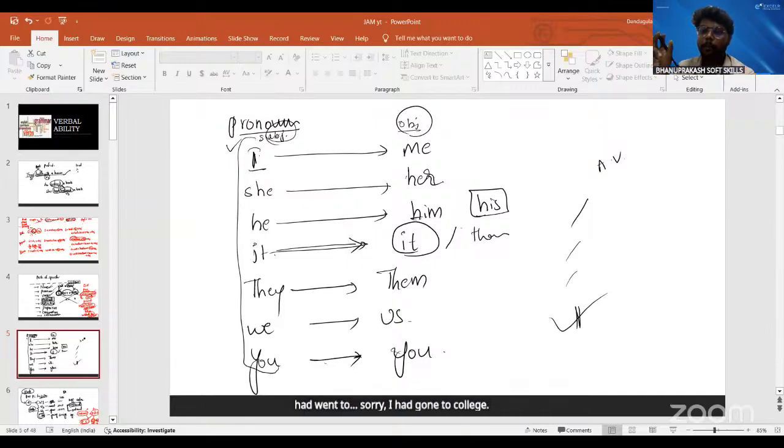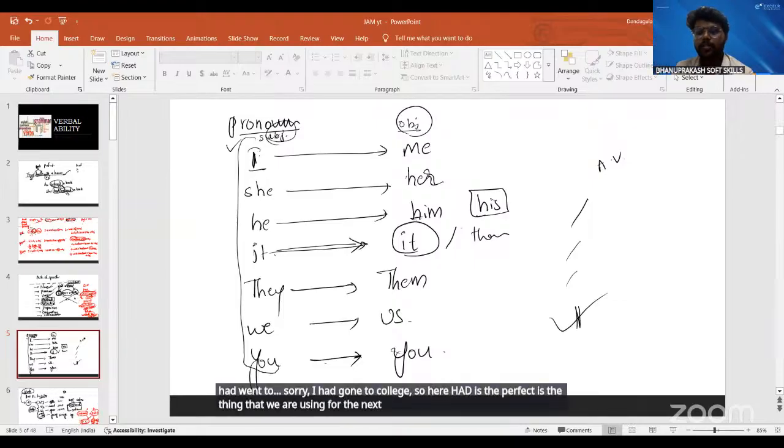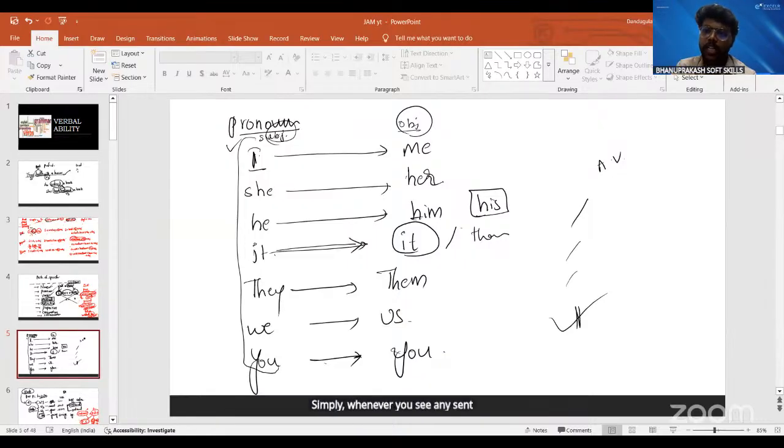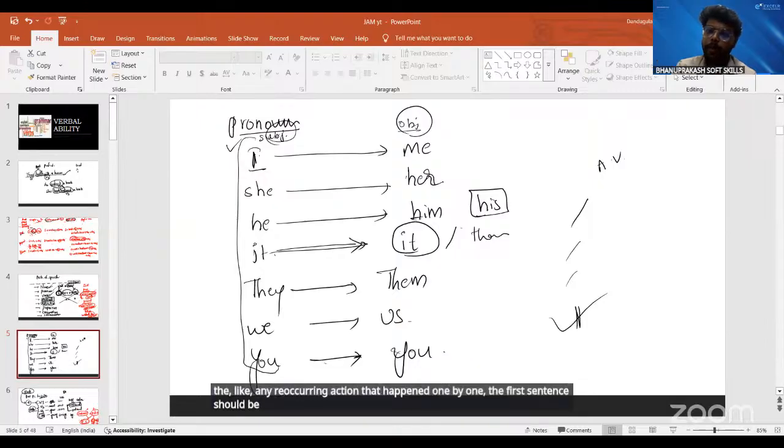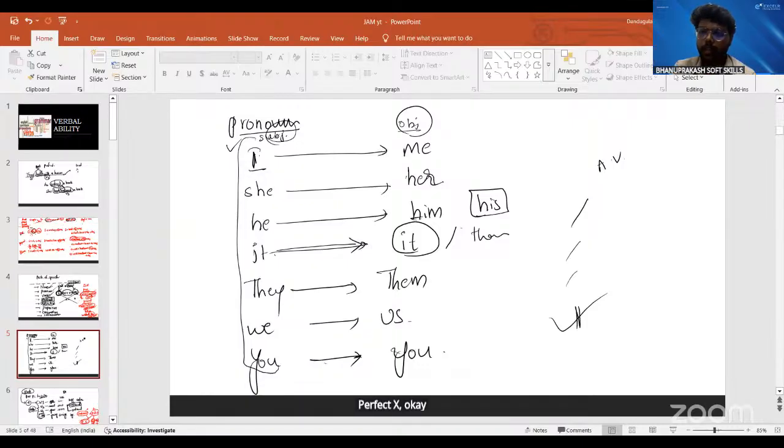So here had, the perfect, is what we are using for the next reoccurring actions. Whenever you want to use it in communication, for any reoccurring actions that happened one by one, the first sentence should be in the simple past tense and the remaining sentences should be in the perfect tense. This is the second rule that you need to keep in mind for the past perfect.